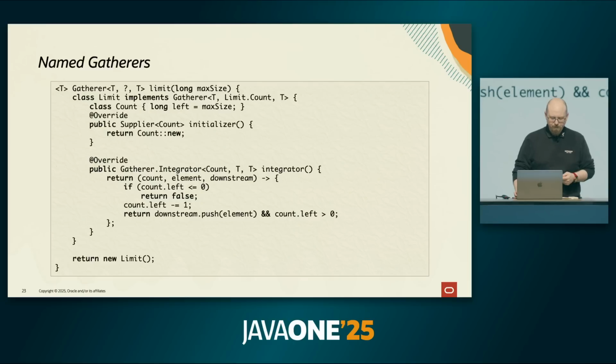All right. Up until now, we've used this Gatherer.of factory method. And it's definitely possible to implement the Gatherer interface yourself if you want to. There's a bit of a progression. You might start with an inline declaration in your code, your own Gatherer.of, and then you decide, oh, this is a super useful thing that we're doing all the time in this subsystem.